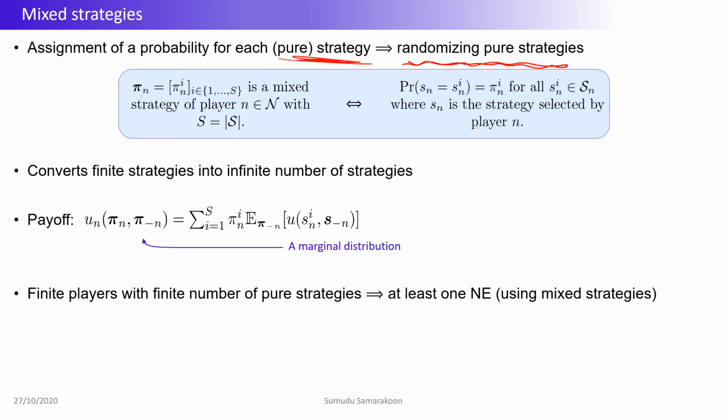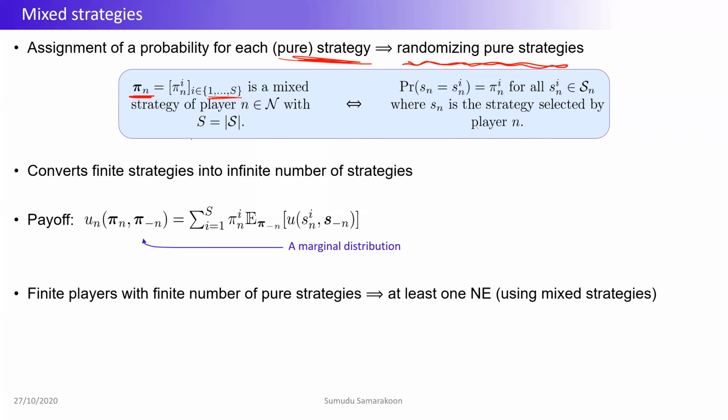So we introduce this probabilistic choice pi. So the player n has, let's say, s different strategies. So this probability says what is the probability of choosing his strategy i. That is what we call the mixed strategy.